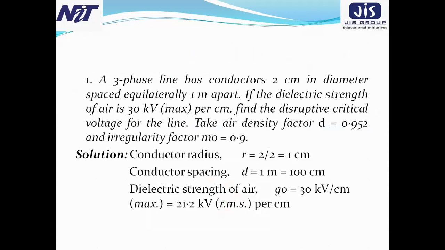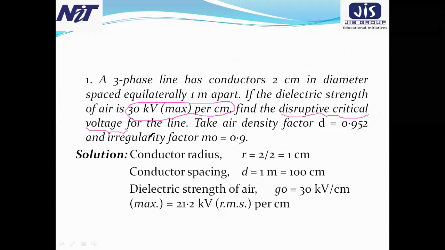The first problem: consider a 3-phase line with conductors 2 centimeter in diameter, spaced equilaterally 1 meter apart. If the dielectric strength of air is 30 kV max per centimeter, find the disruptive critical voltage.